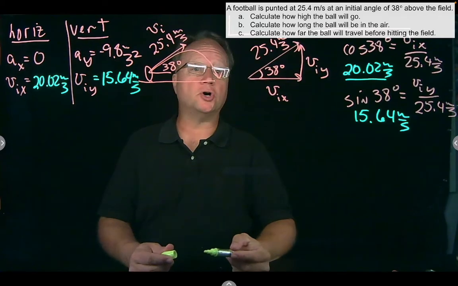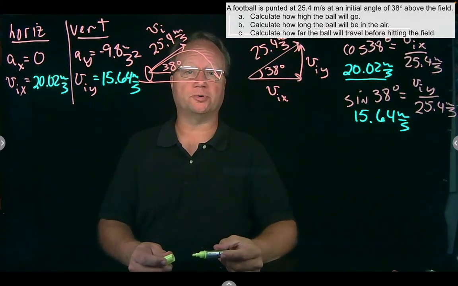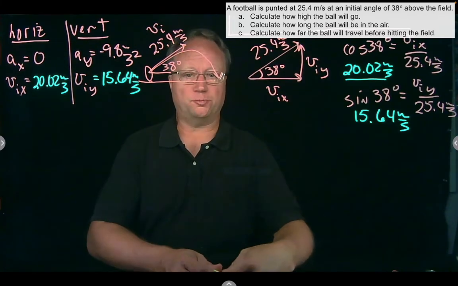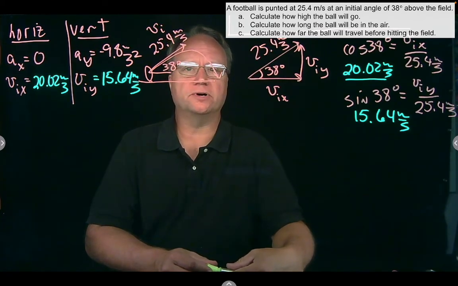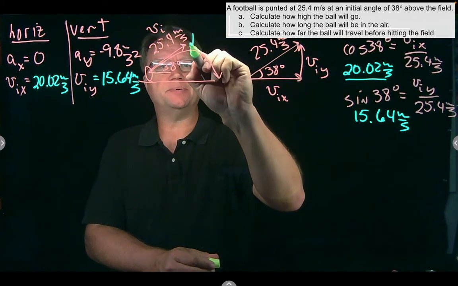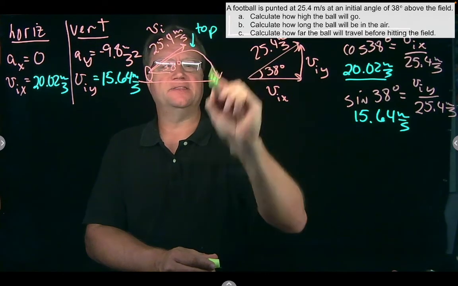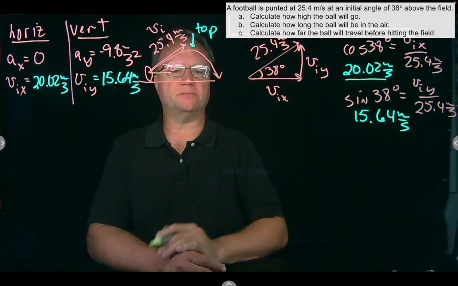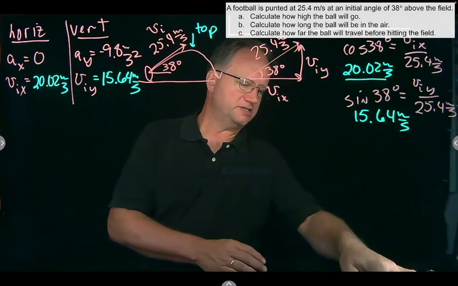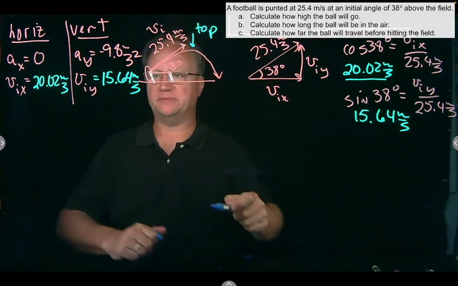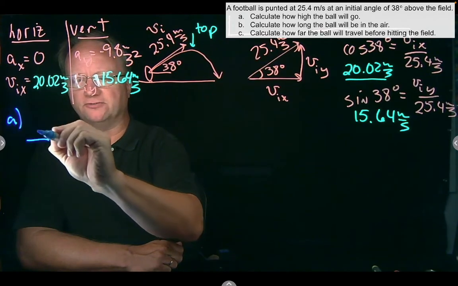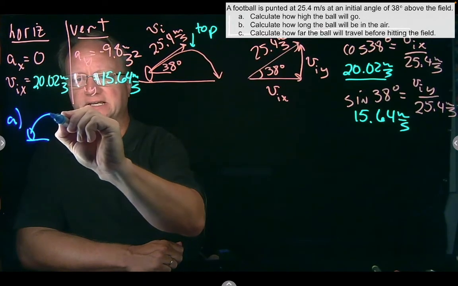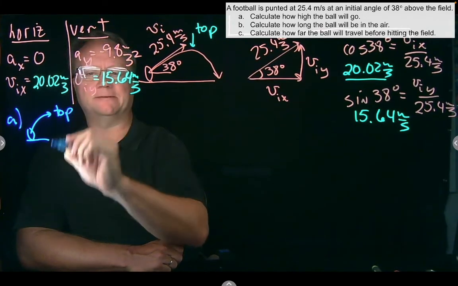Now, that's all that's given to us in the initial problem. So now let's consider part A. We want to calculate how high the ball will go. Well, up here at the top of the path, we know some additional numbers that we can use to be able to solve the problem. So then on part A, our interval goes from the beginning to the top.